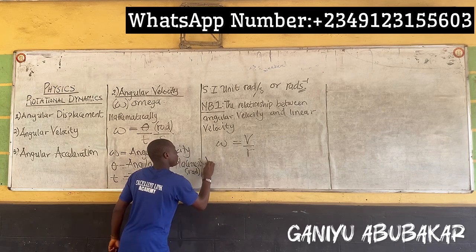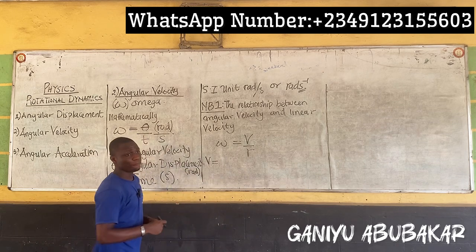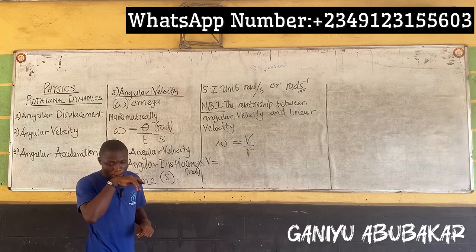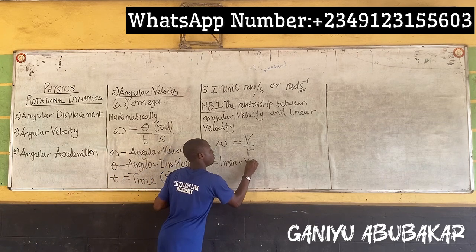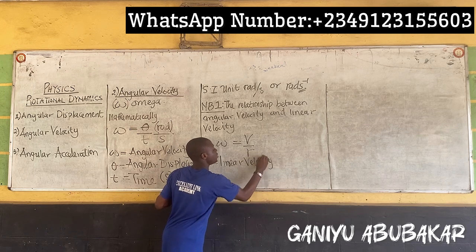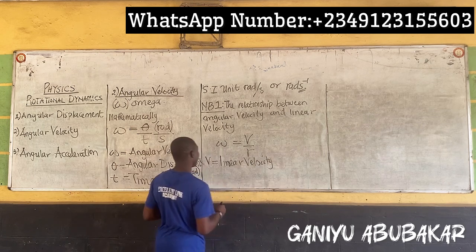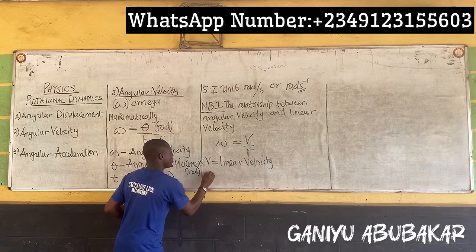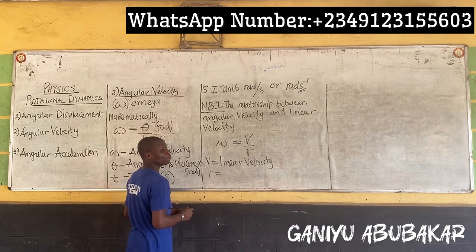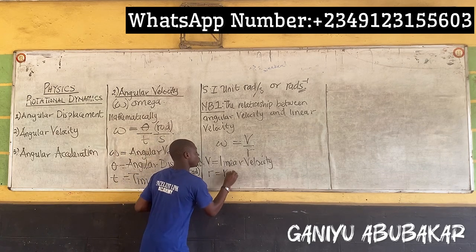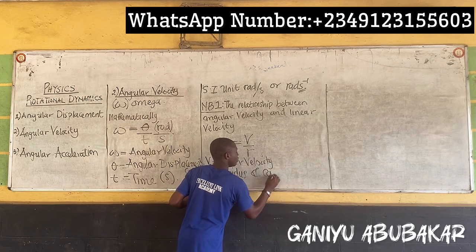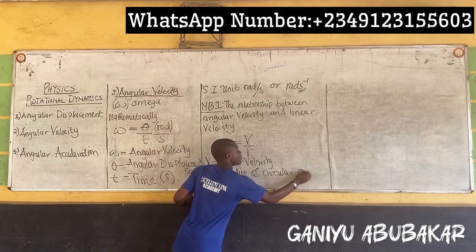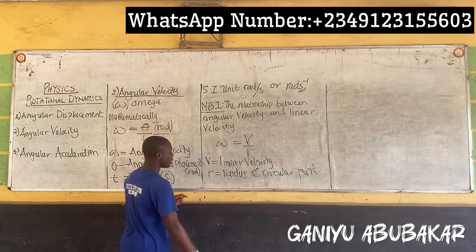The v signifies the linear velocity, and the r signifies the radius of curvature, or radius of the circular path.